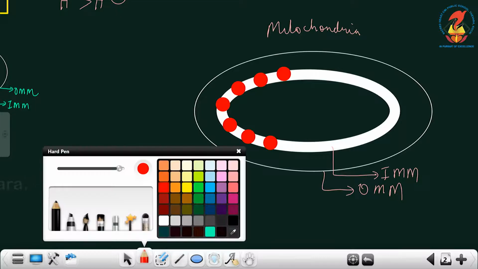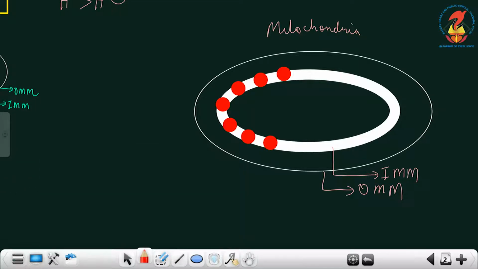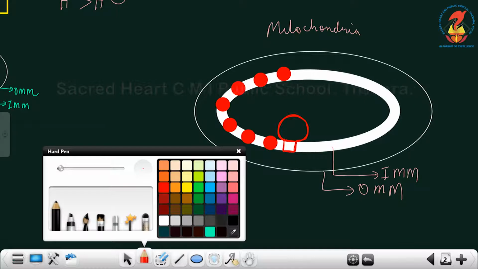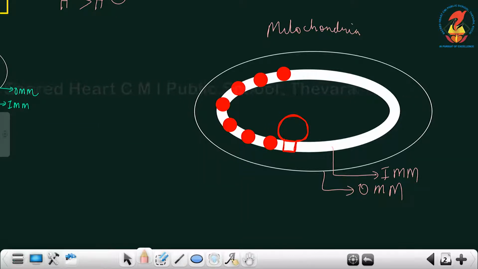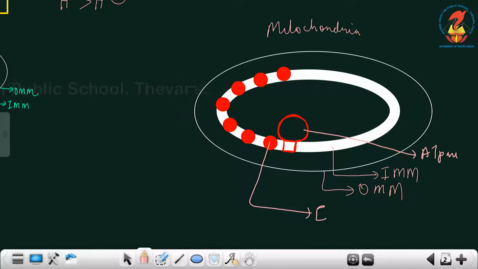Okay, so these are our electron carriers, and at the end of our ETC I am drawing something. See what this is? Our ATPase, and look at how the ATPase is. It has the stalk and the F1 particle, which is a globular head. See the way I drew it. So everything as per the requisites is drawn: the ATPase, and this is our electron transport chain, ETC.